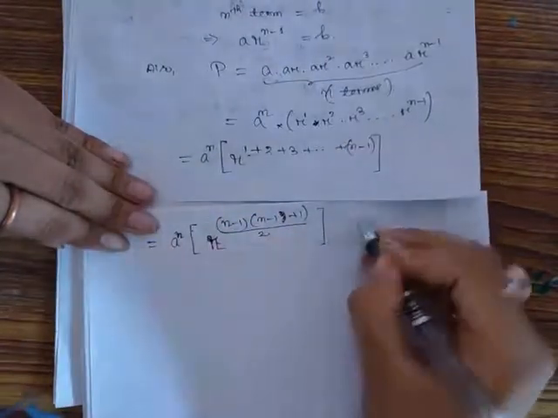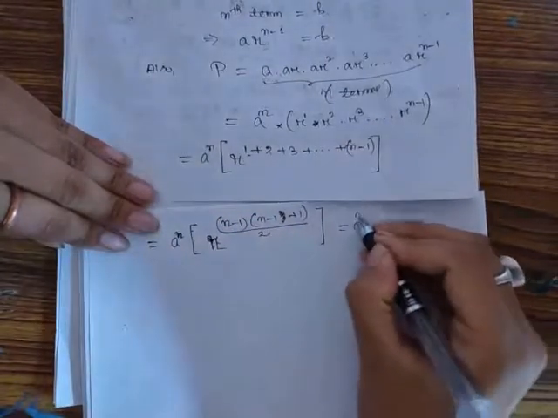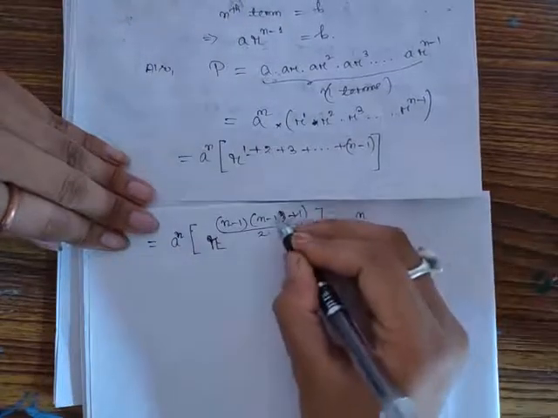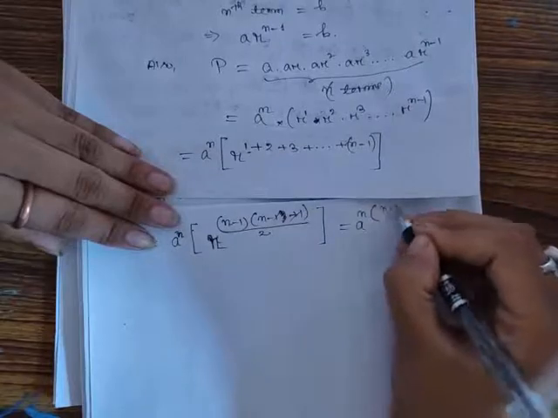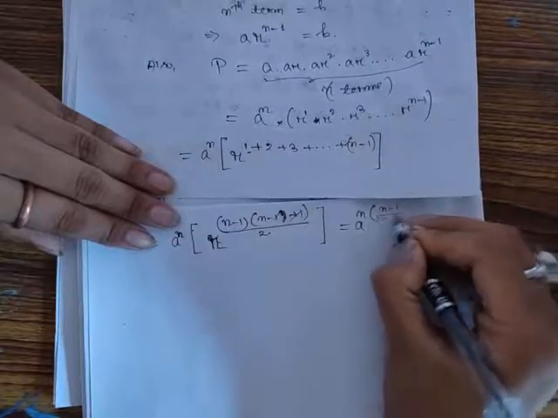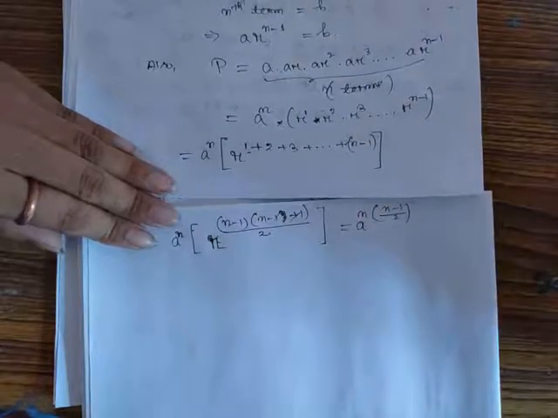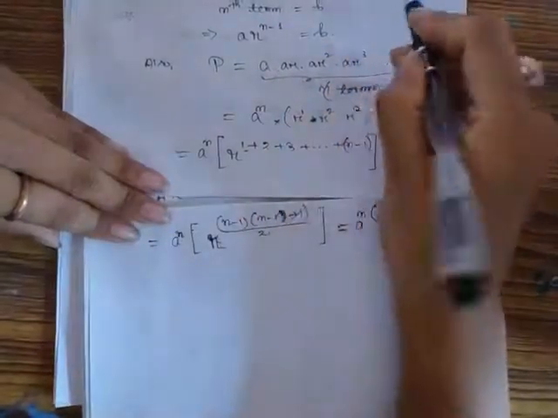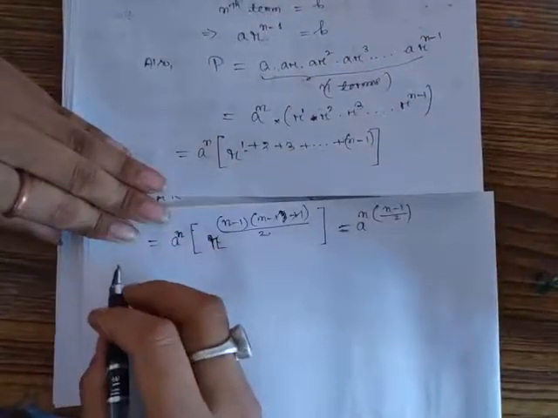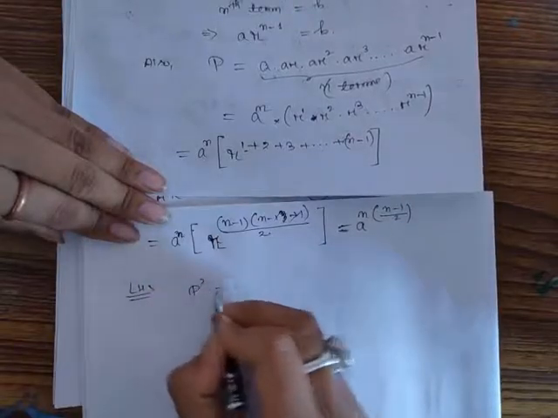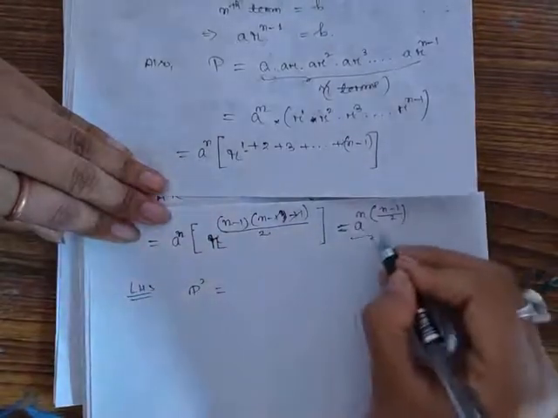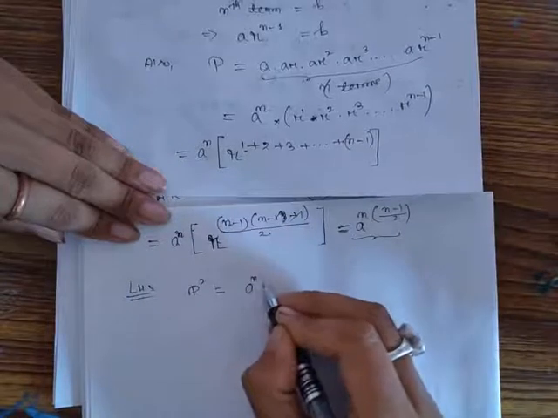We will get a to the power n, r to the power n into n minus 1 by 2. So we have to prove that P square equal to (ab) to the power n. Take your left hand side, P square, P is what, this is our P: a to the power n.